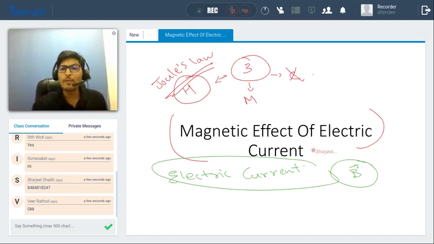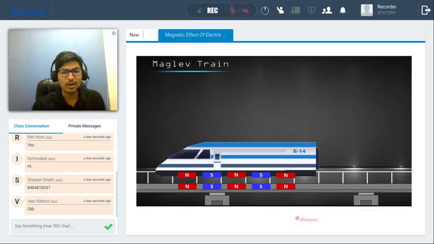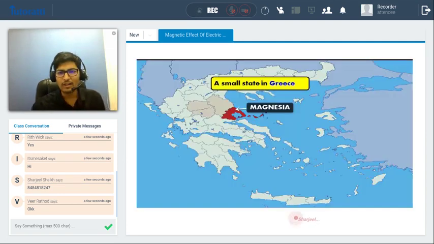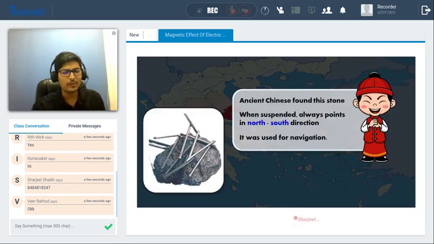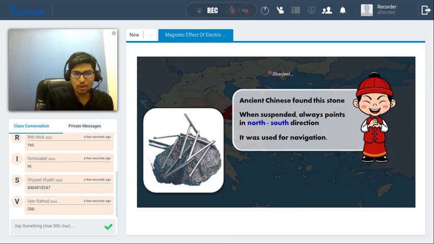I'm sure you already know the basics of magnetism. Magnets were first found in a place called Magnesia, in Asia Minor. It was the Chinese people who first started using this as a compass. They called this magnetic stone the leading stone. Why did they call it the leading stone?